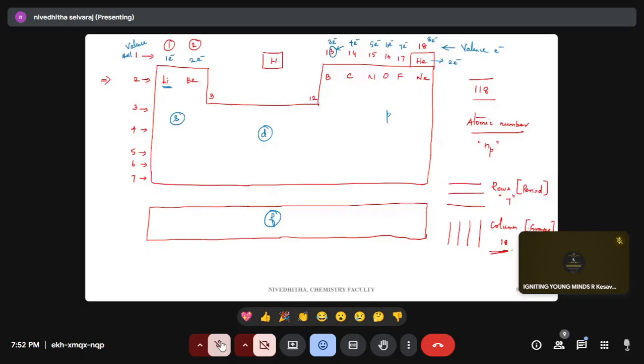A very famous one is electronegativity, because you would have come across this term in organic chemistry also, right? Electronegativity, electron affinity, effective nuclear charge, metallic nature, all these are periodic properties. We're going to see the specific periodic properties and their trends here.